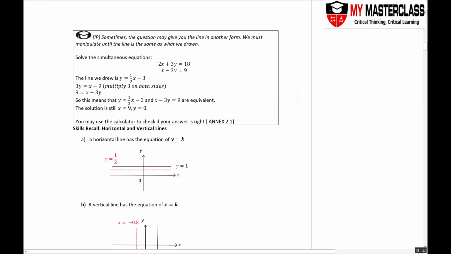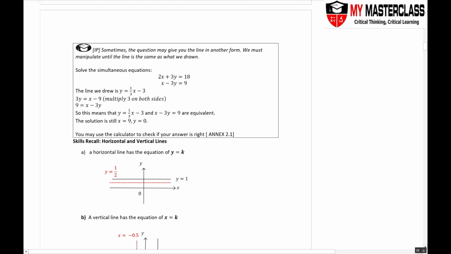Lastly, you might have some scenarios where they give you the line in another form, where you must manipulate, which means I must move around my variables until I have the same line that is drawn. Same thing, solve the simultaneous equations, same question. The line that we drew is this line here, because whenever you draw a line, you need to rewrite it in the form of y equals mx plus c.